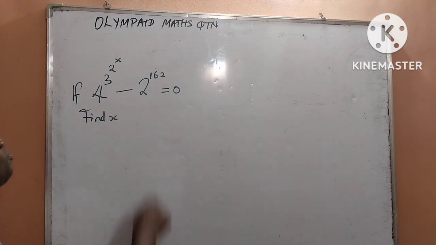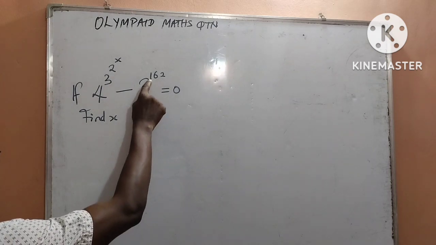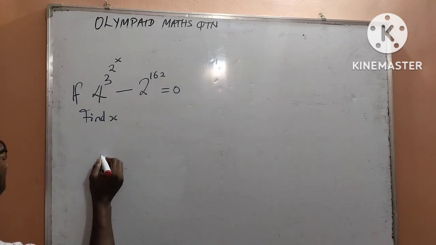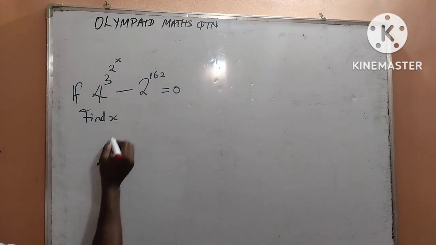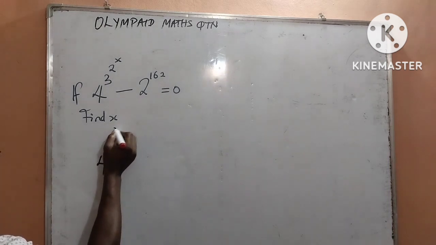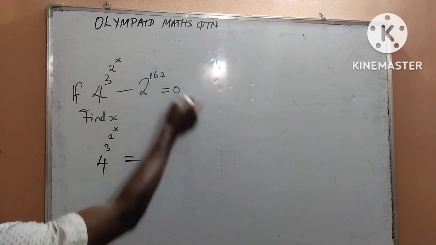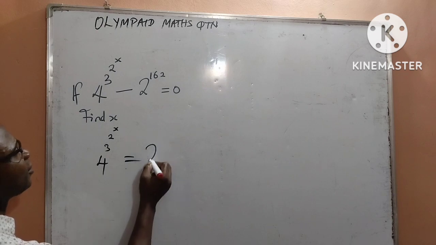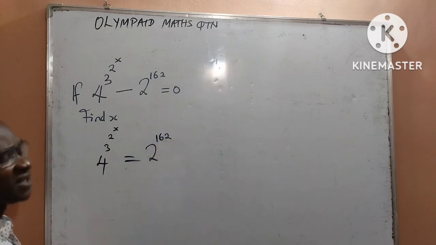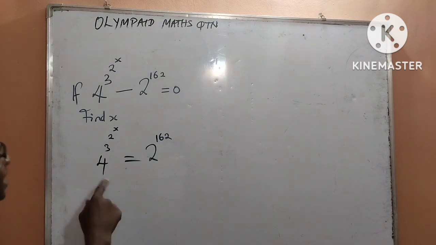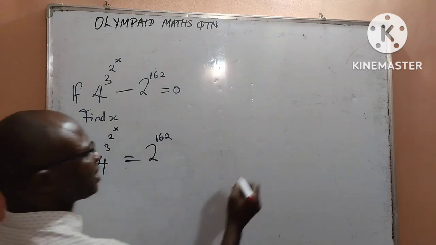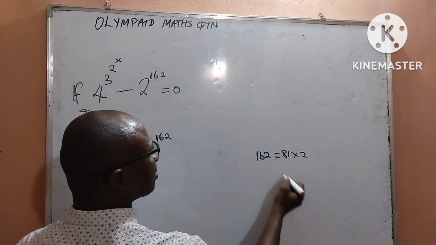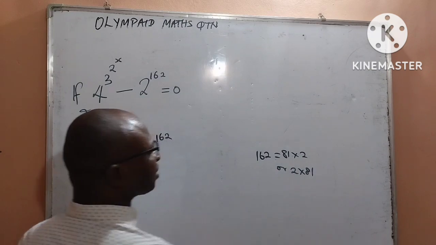Now, first and foremost, I want to move 2 to the power of 162 to the right hand side. That means I shall write 4 to the power of 3 to the power of 2 to the power of x equal to 2 to the power of 162. The second step is, I want you to see that 162 is the same as 2 times 81.